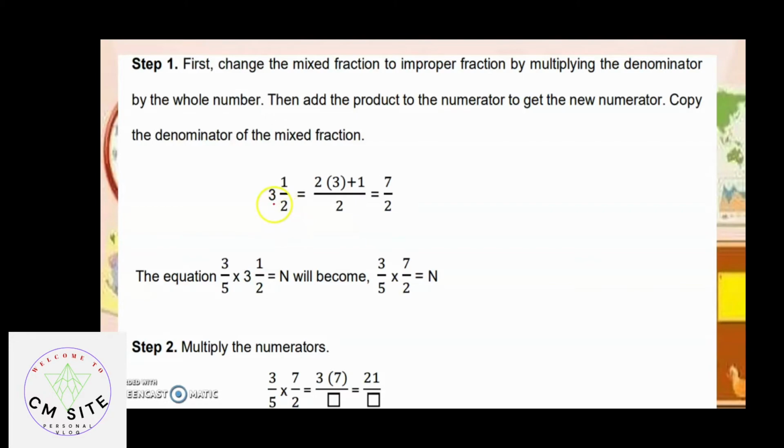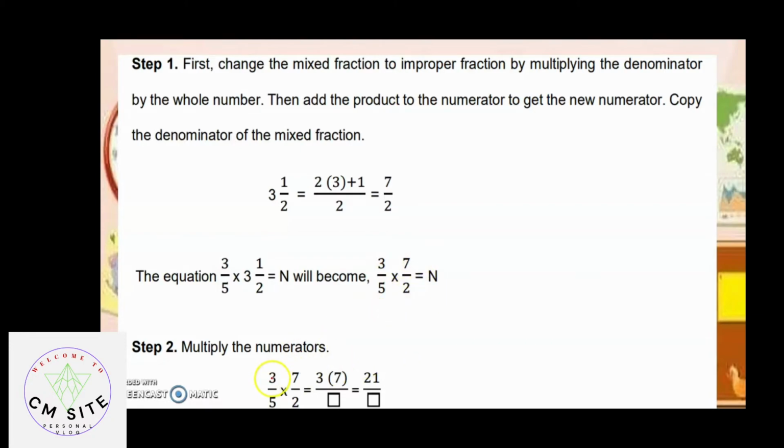So, 2 times 3 is 6 plus 1 is 7. And then, copy the denominator. So, 3 and 1/2 will become 7 over 2. So, ito na yung bagong equation natin. So, 3/5 times 7 over 2.